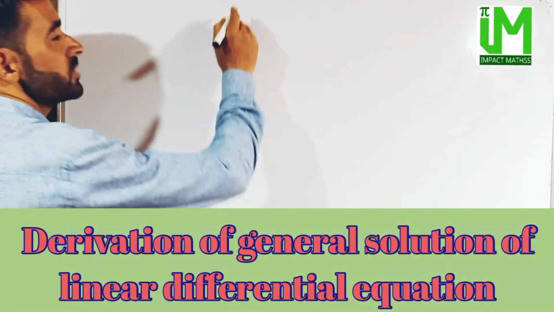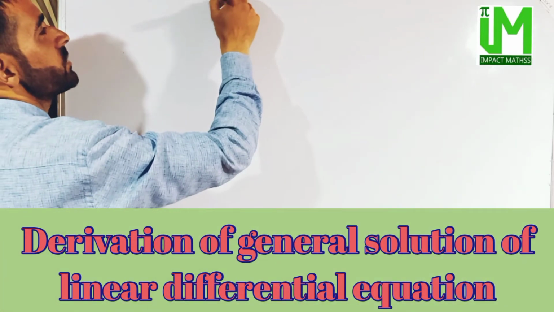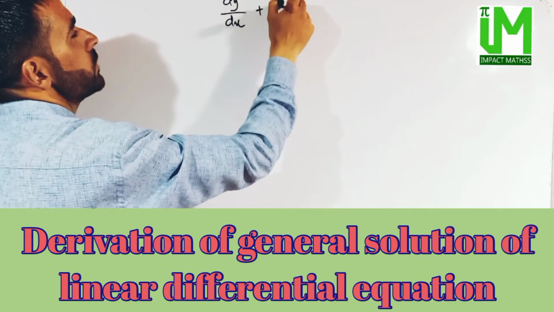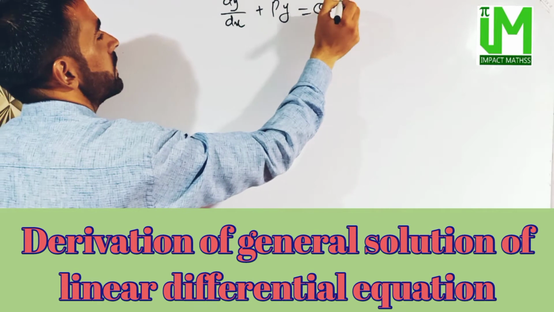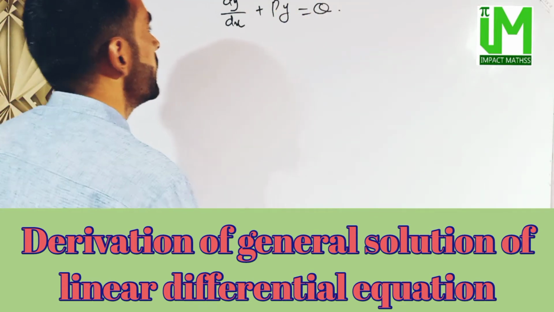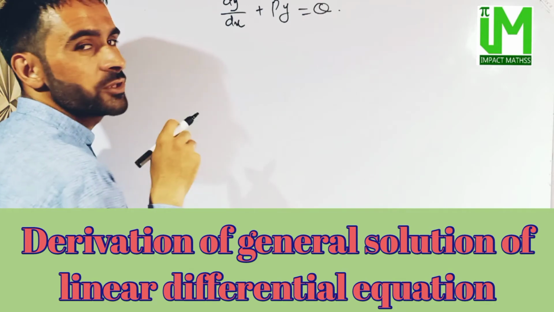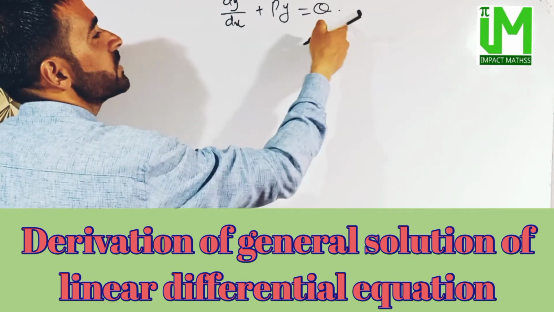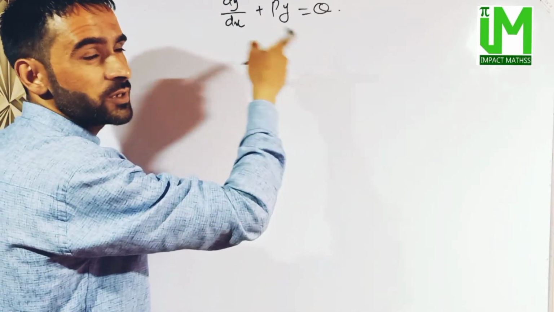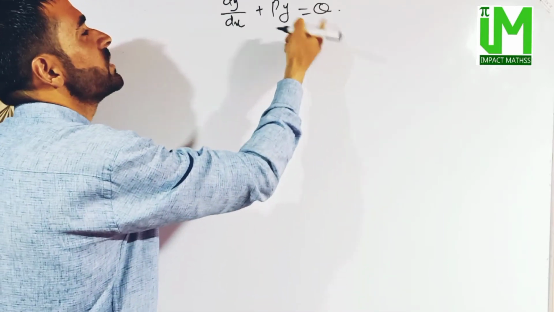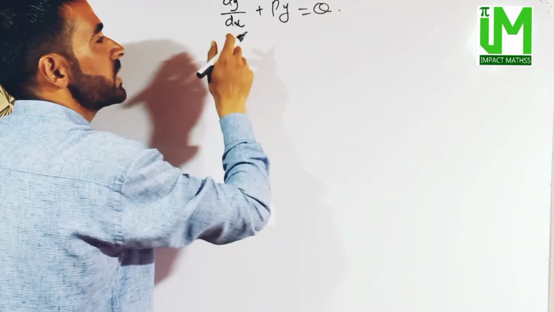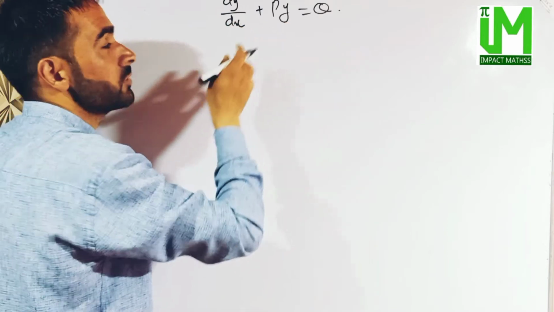Say if we have the general form of the linear differential equation dy by dx plus p into y is equal to q, और अगर हमें इस differential equation का solution निकालना हो, then solution निकालने के लिए the first thing we do is that we multiply the whole expression by a function of x. किसी भी x की function से multiply करते हैं, say g of x or f of x is any function of x, then we multiply both sides by a function of x.